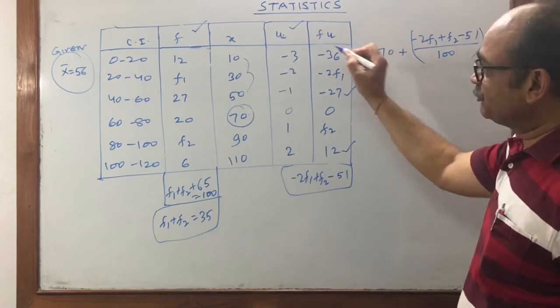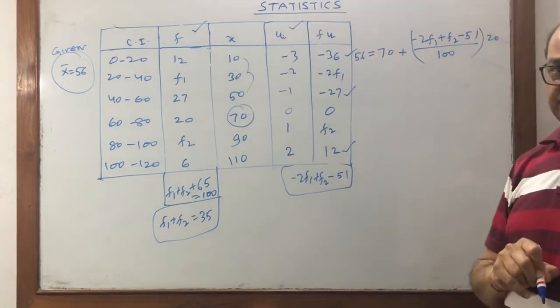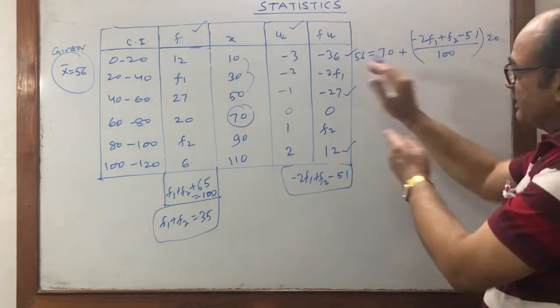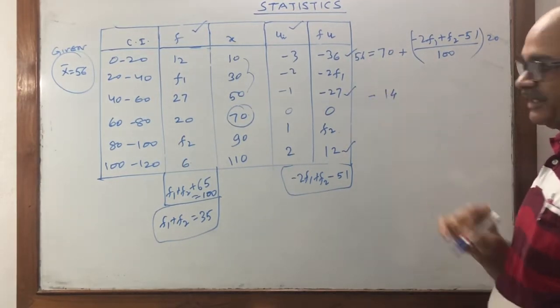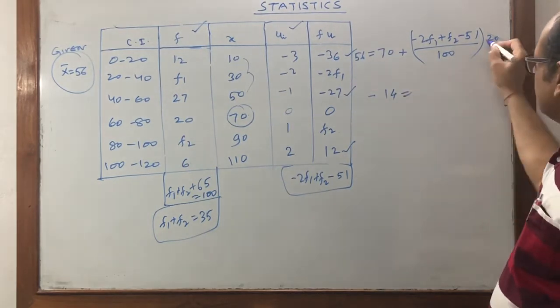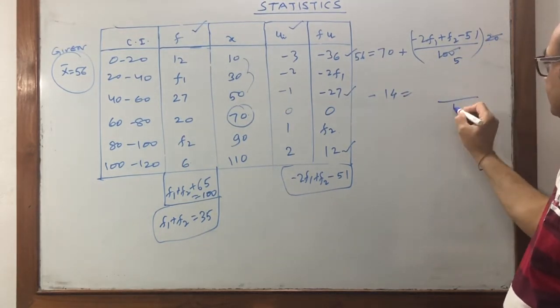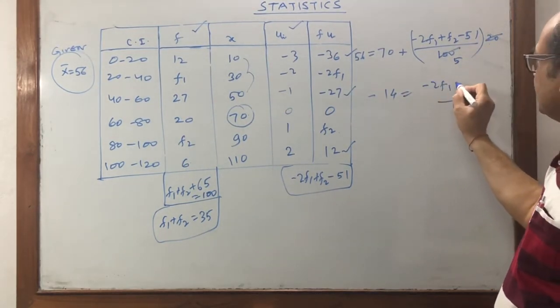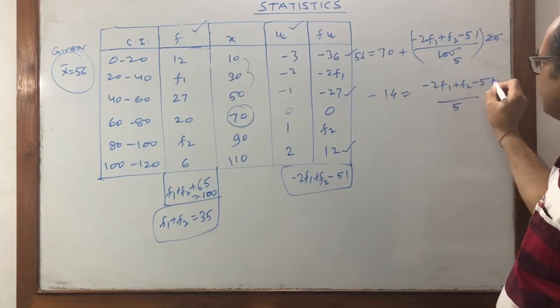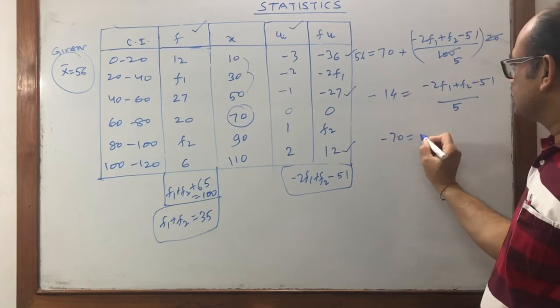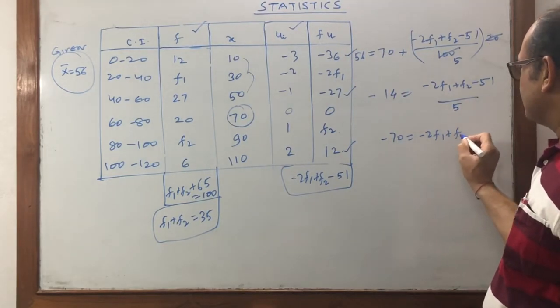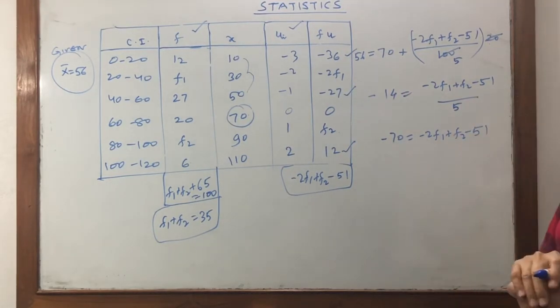This mean is given to you 56. So first we shift 70 to this side. So minus 14 equals 20, cancel out with 5, and here 2F1 plus F2 minus 51. Again cross multiply, minus 70 equals to minus 2F1 plus F2 minus 51.